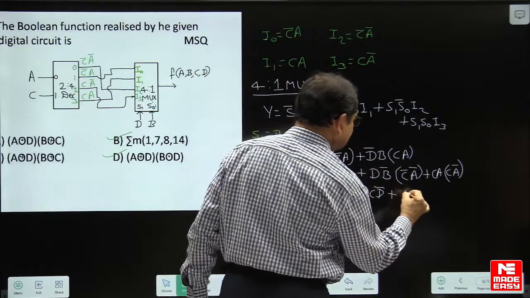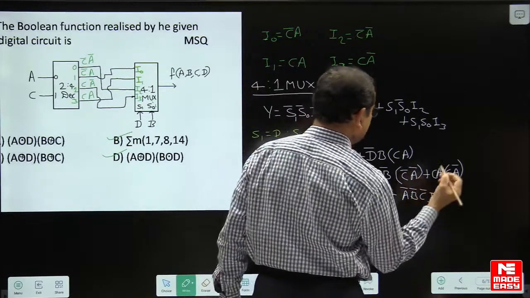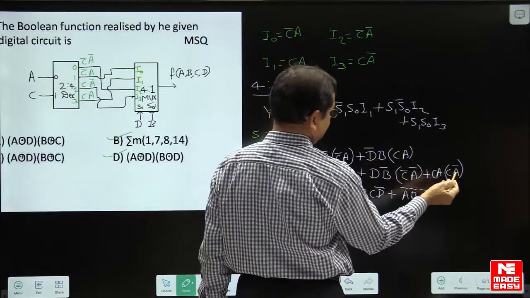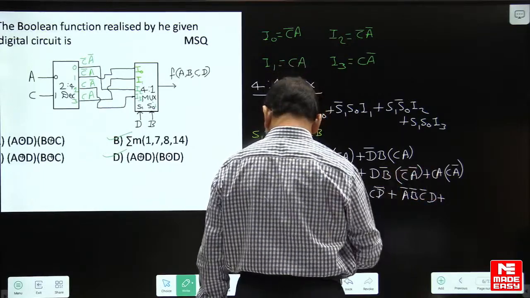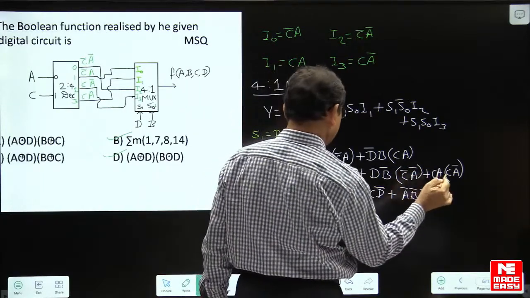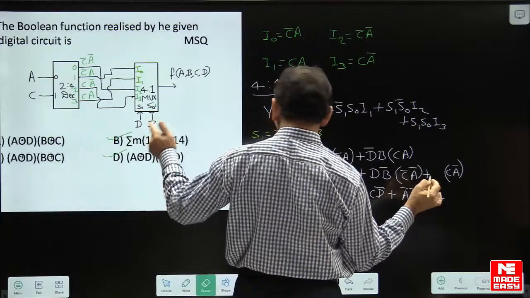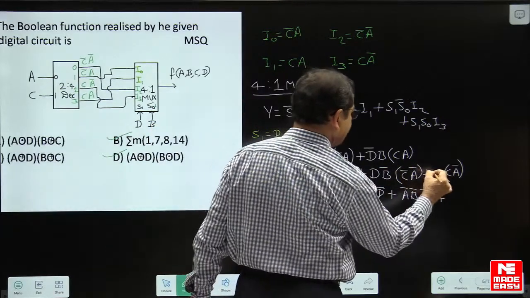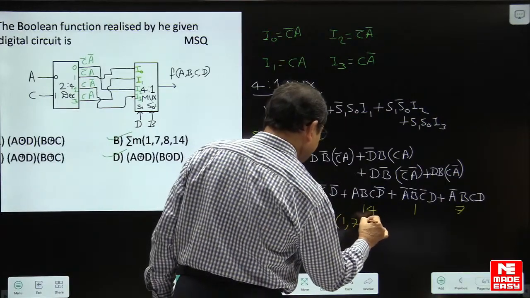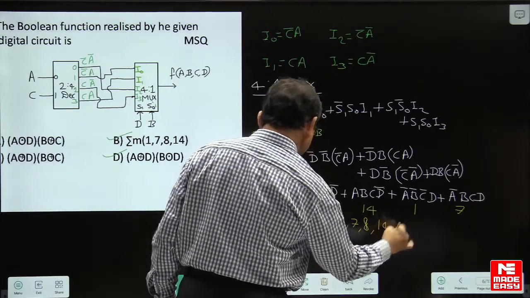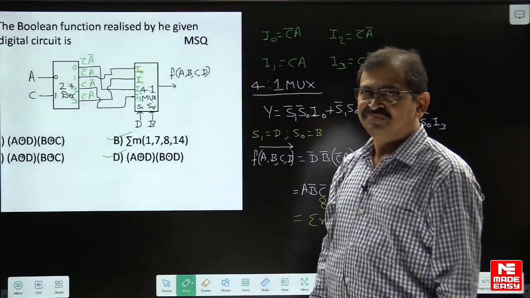Next A complement, B complement, C complement, D. Somewhere here I made a mistake, it seems. This is DB, sorry. 8 and 14. So based on this, option B is the correct answer. It's an MSQ question, option B is the right answer, right?